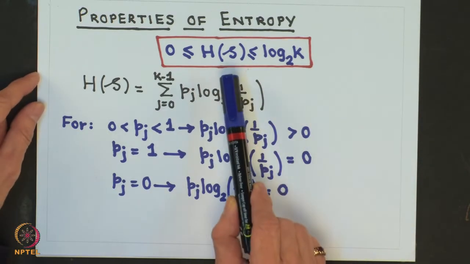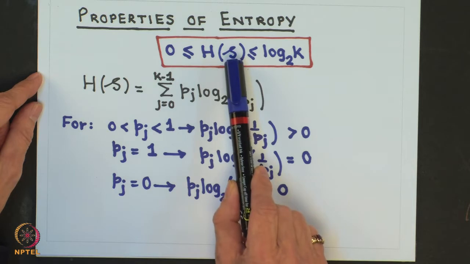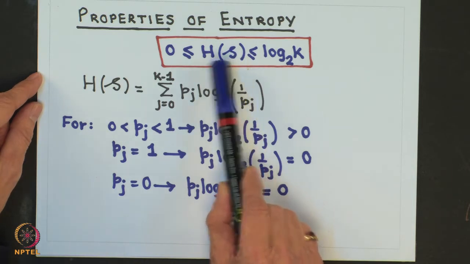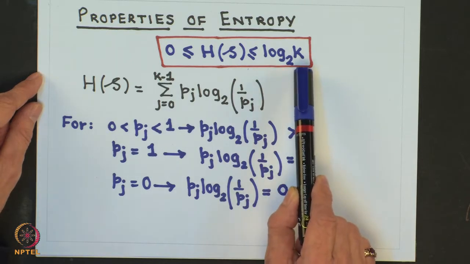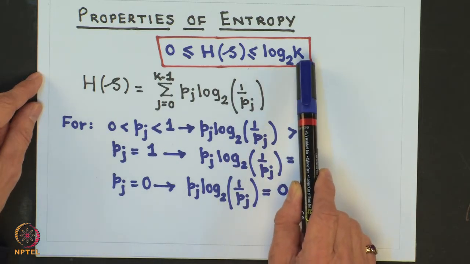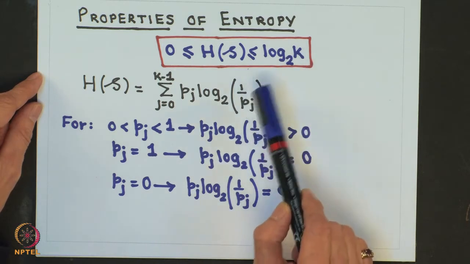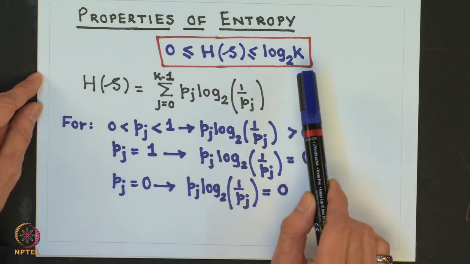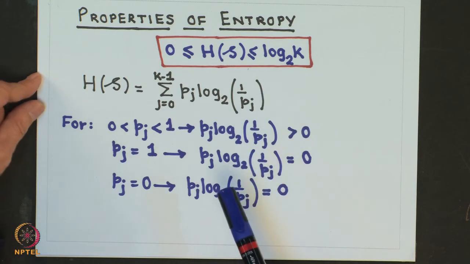So, we will study this property of the entropy, which says that entropy is always greater than or equal to 0, and it is bounded by log to the base 2 K, where K denotes the cardinality of the source alphabet, or the size of the alphabet, or you could say the number of symbols or letters which are there in the source alphabet.